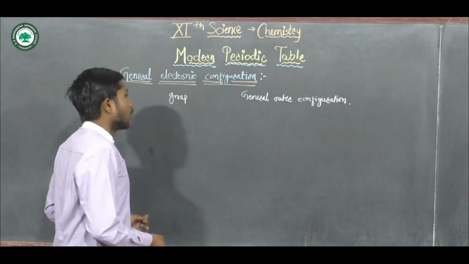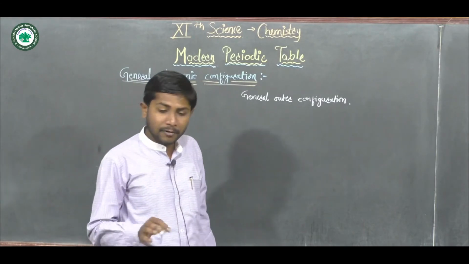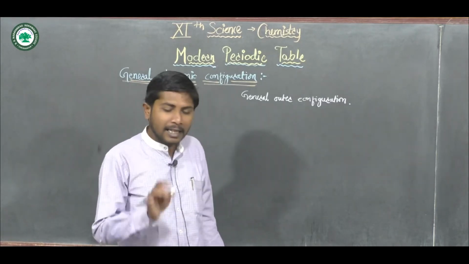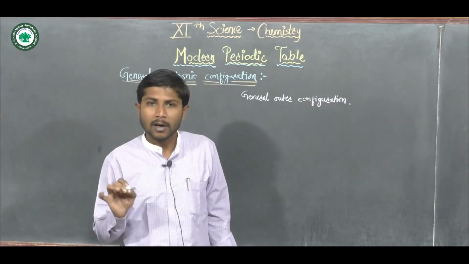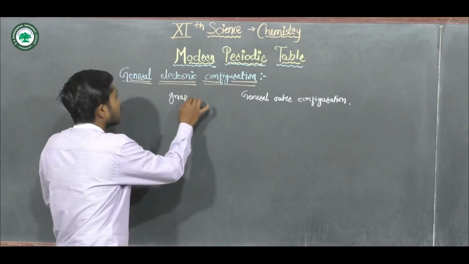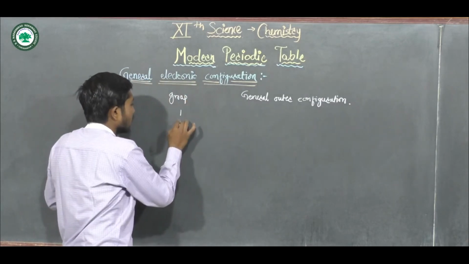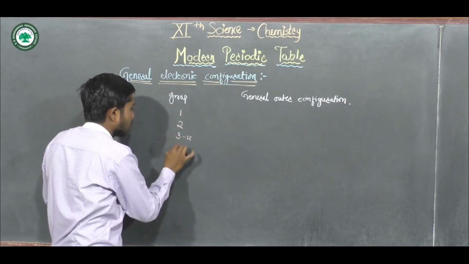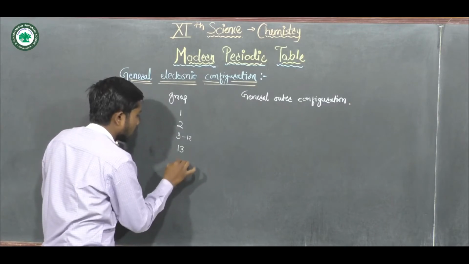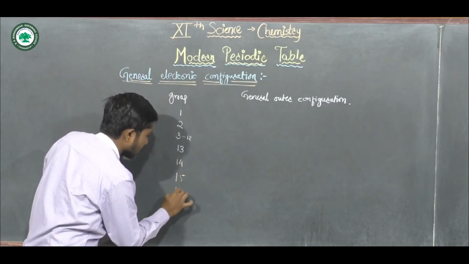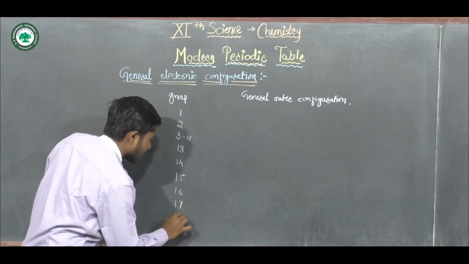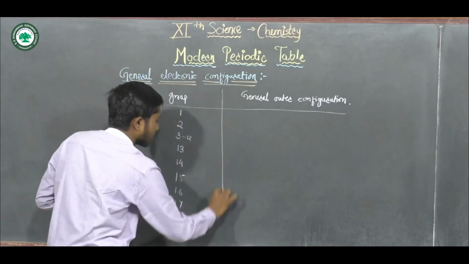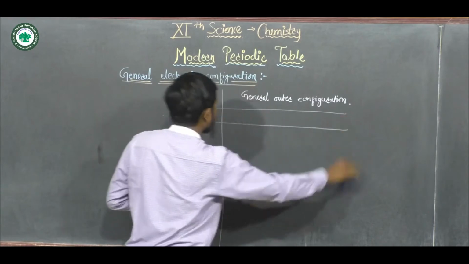Here n is the principal quantum number, and in the periodic table n represents the number of the period. Likewise, we have group numbers first, second, third to 12th, then 13th, 14th, 15th, 16th, 17th and 18th. We will see one by one with the examples.